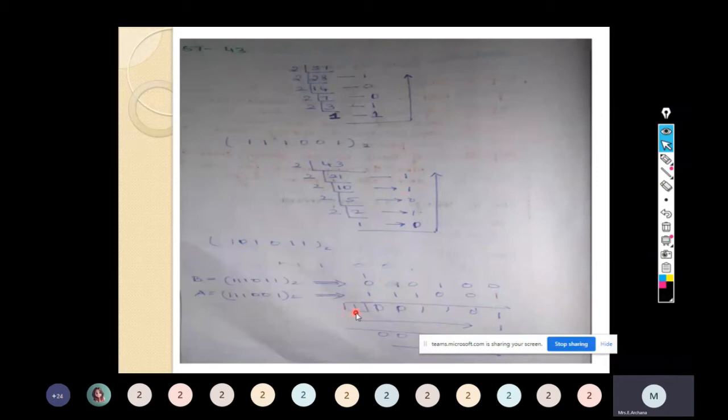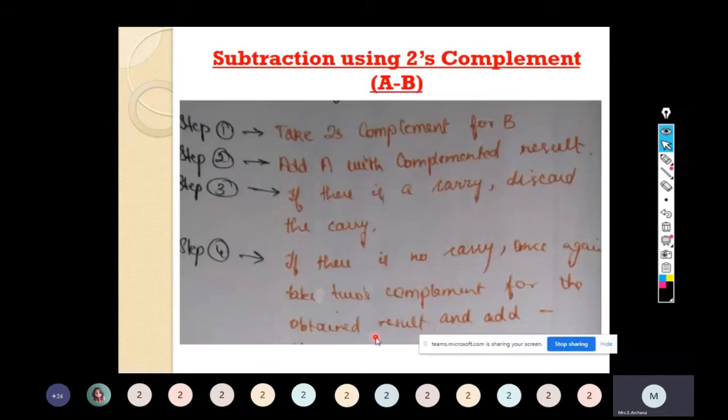If there is a carry, we add it to the LSB. If there is no carry, then we take the one's complement of the obtained result and put a negative sign. If there is a carry, we add the carry and find the result. The result is positive. This is binary subtraction using one's complement.